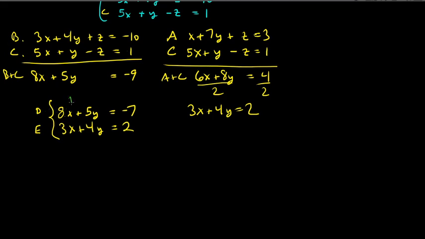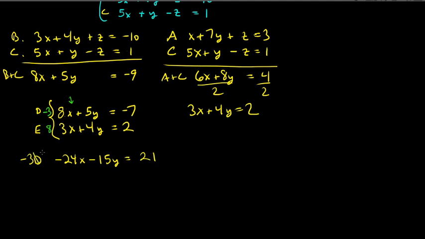If I want to eliminate the x, I could do 8 times 3 is 24. So multiply the first equation by negative 3, the second equation by positive 8. Right? So negative 3D is going to be negative 24x minus 15y. And then negative 7 times negative 3 is positive 21.